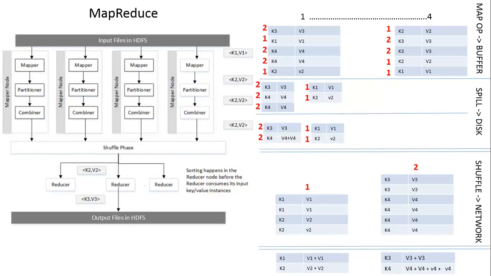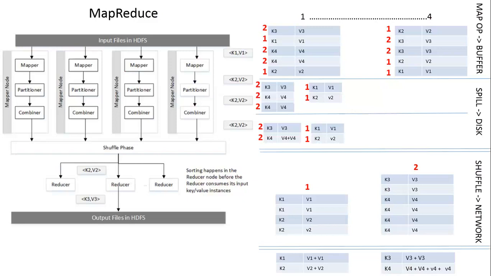So on the left, I have shown 4 compute nodes, as an example, and the file that has the data, structured or unstructured, is distributed across the cluster and stored in HDFS.